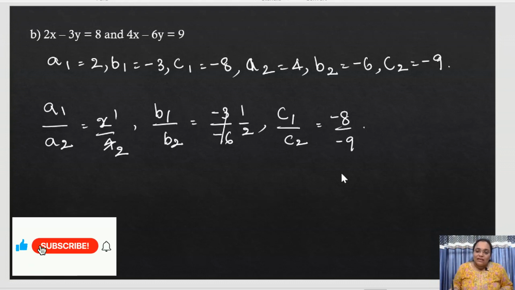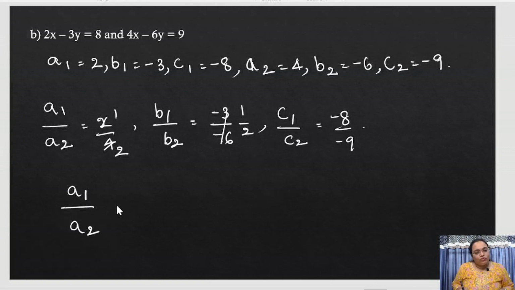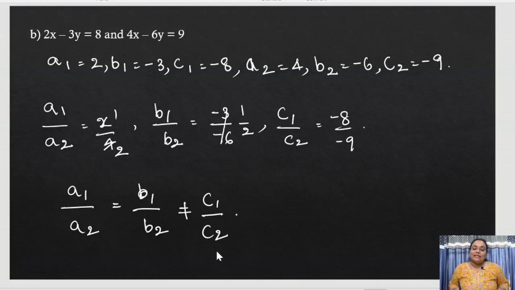So by seeing the ratios, we can say that a1 by a2 equals b1 by b2 is not equal to c1 by c2. Yes. This condition is for parallel lines. So parallel lines have no solution.